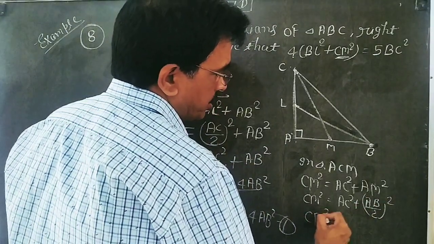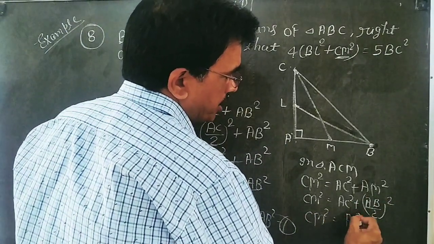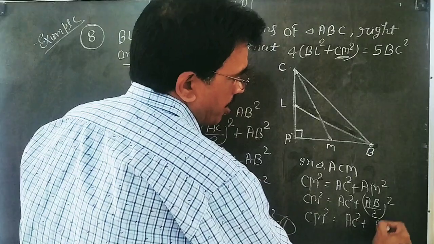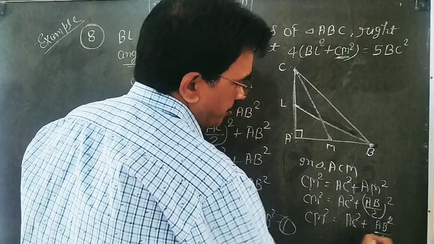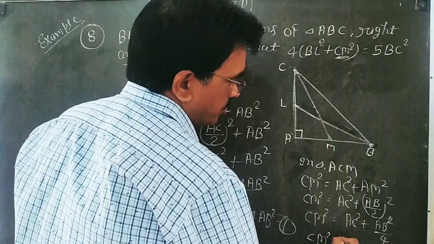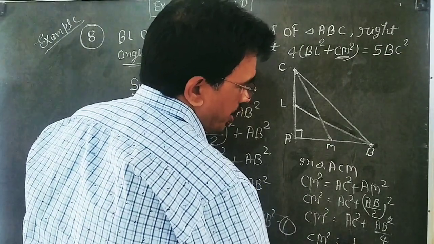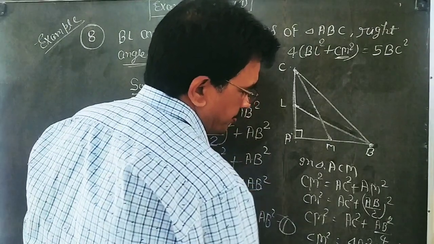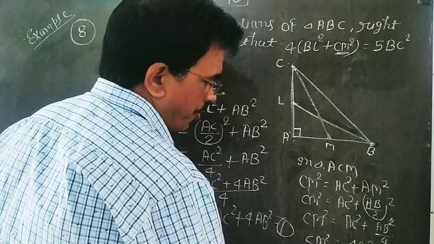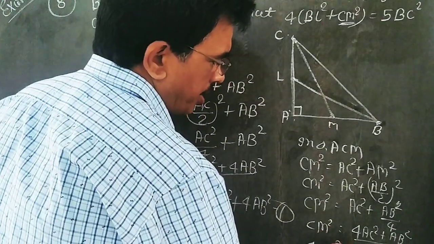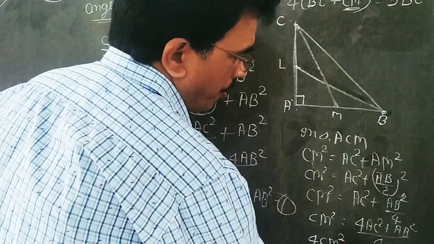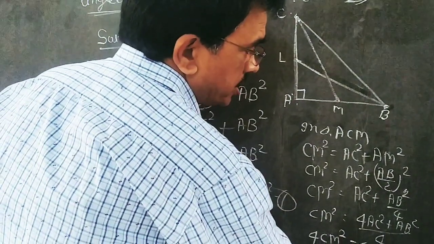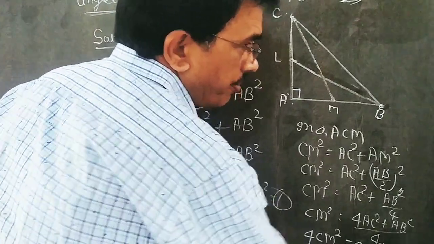That is CM square equals AC square plus AB square by 4. Taking 4 as LCM, it is 4 AC square plus AB square over 4. That is 4 CM square is equal to 4 AC square plus AB square.